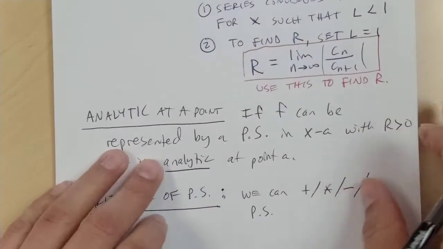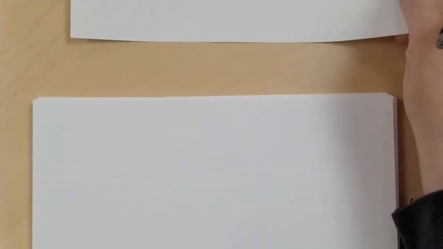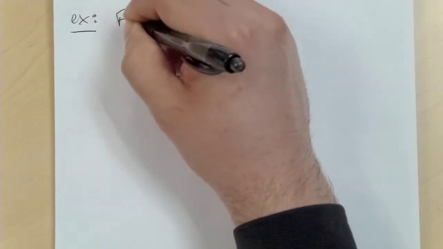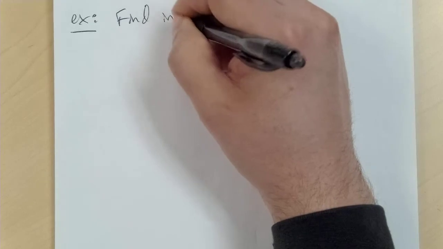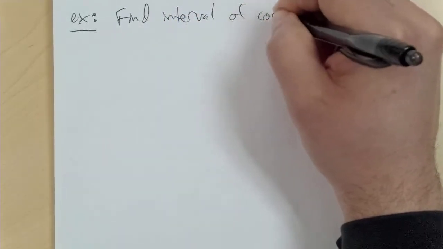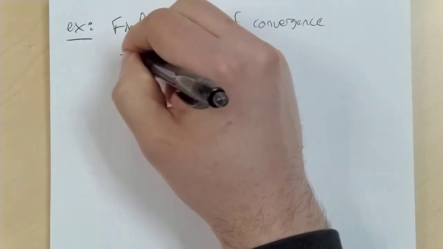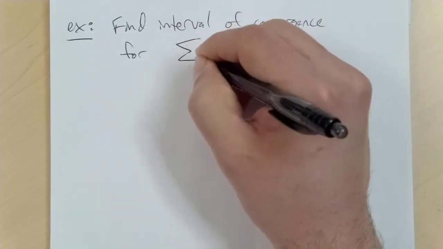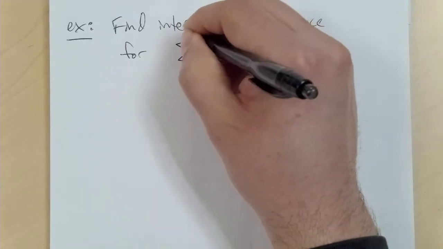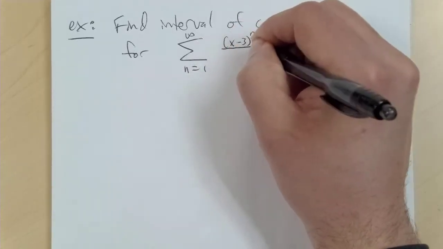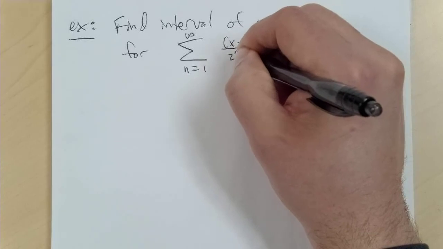So let's go ahead and run through an example of finding an interval of convergence. Let's say the series is the sum from n equals 1 to infinity of (x minus 3) to the n over 2 to the n times n.